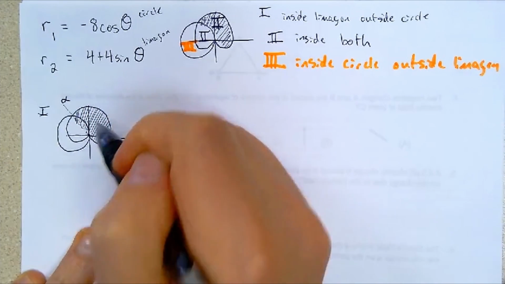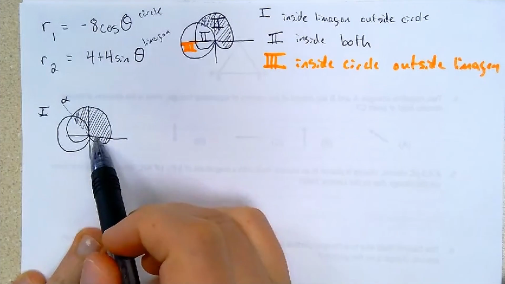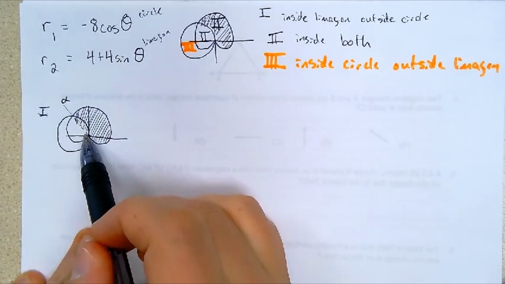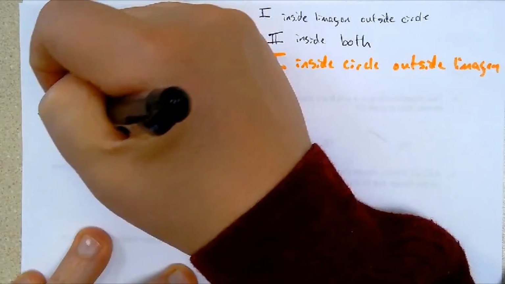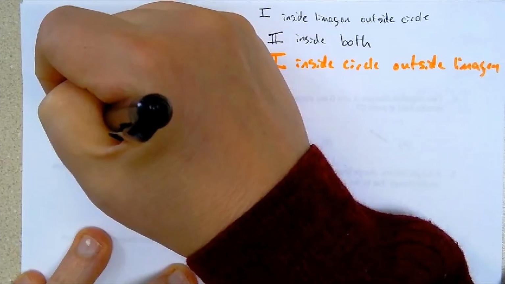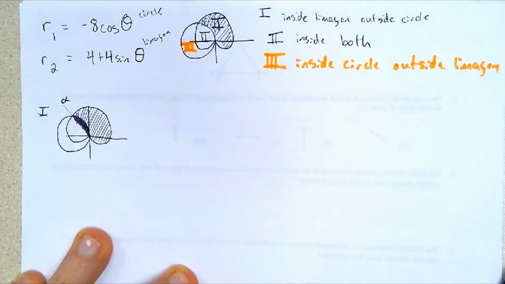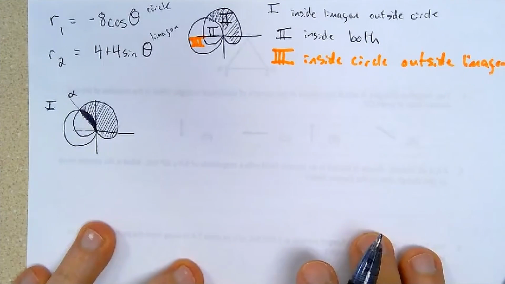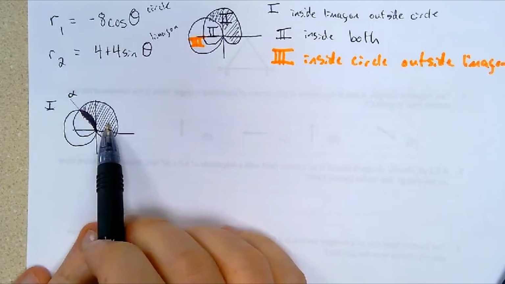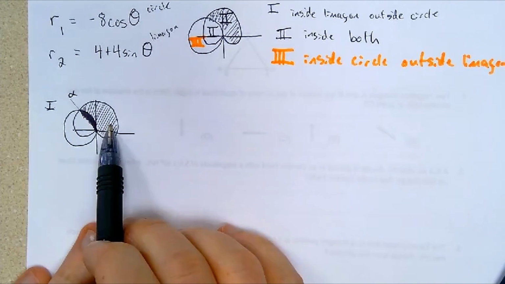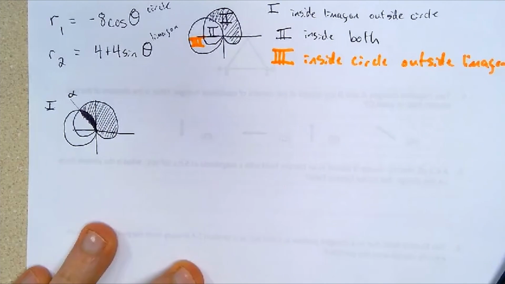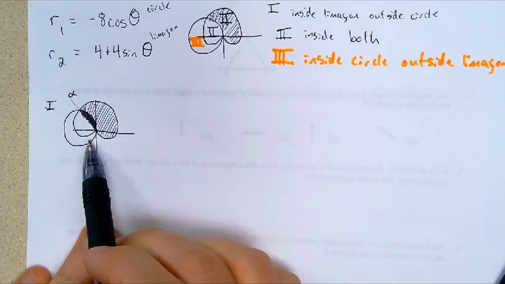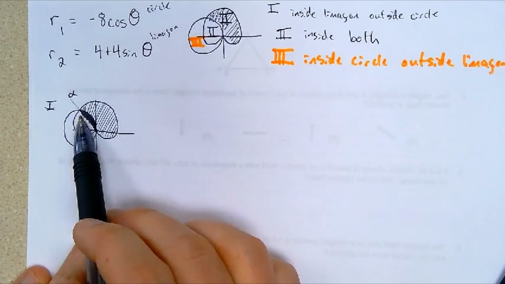So what we're going to want to do is a chunk of the limaçon minus a chunk of the circle. And when we set up our polar expression like that, what we will get is the striped zone only.